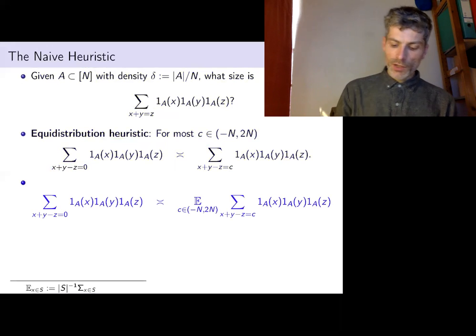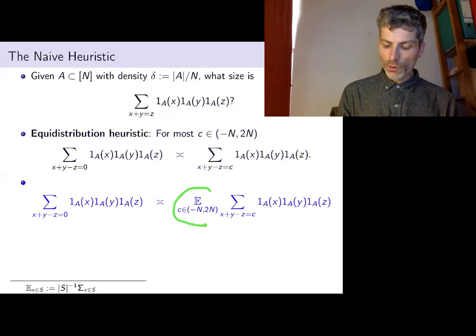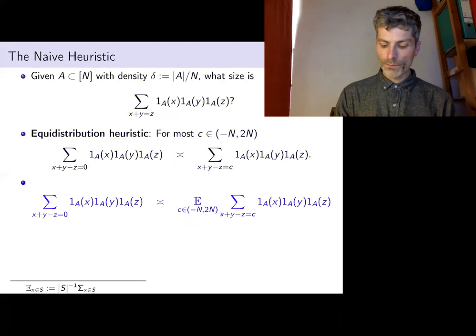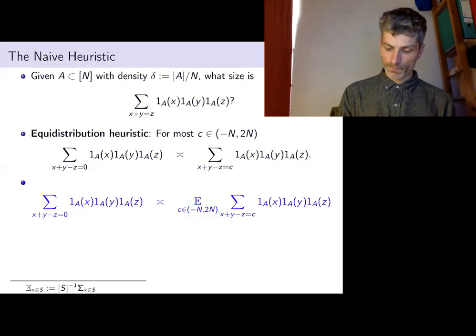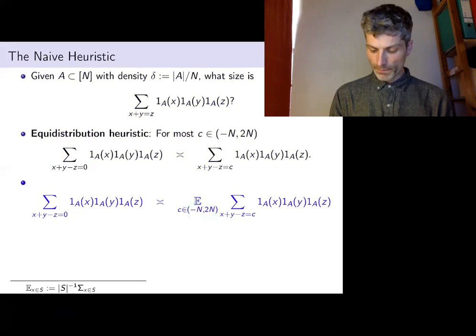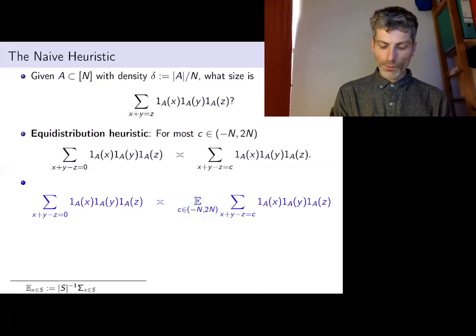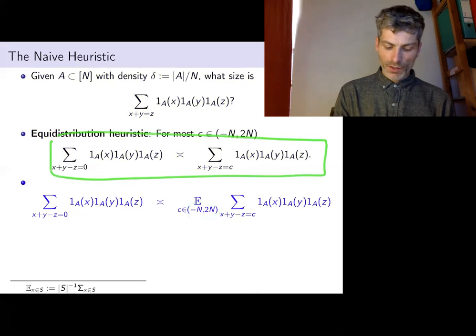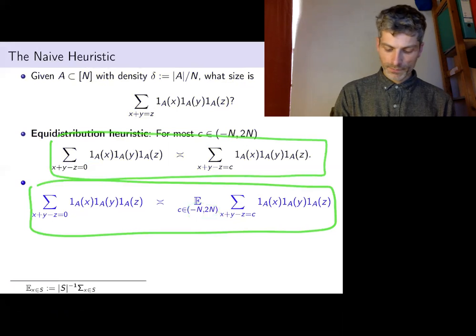Given that assumption, you can average the right-hand side. So let's sum over all possible values of the linear form and normalize by the length of this interval, by the number of possible values. That's my notation for this expectation operator.